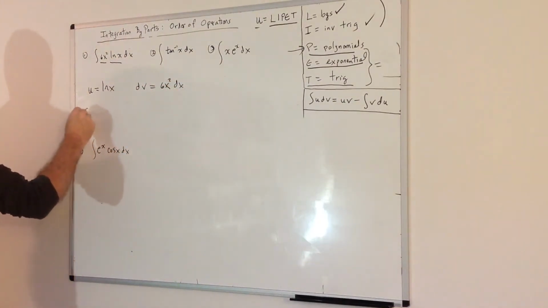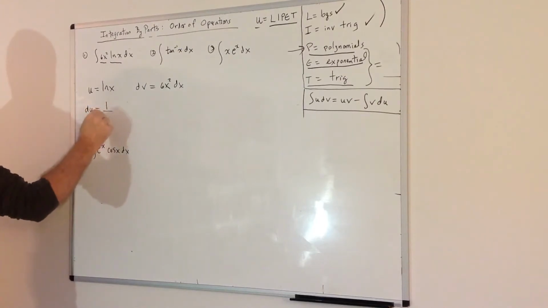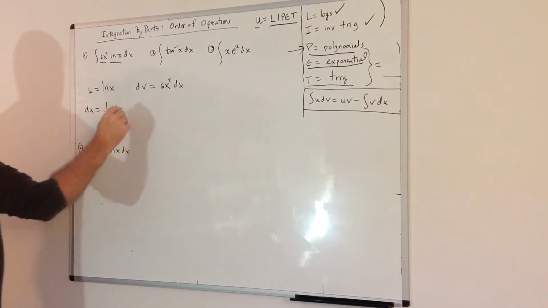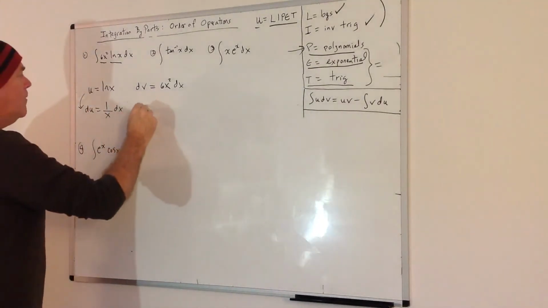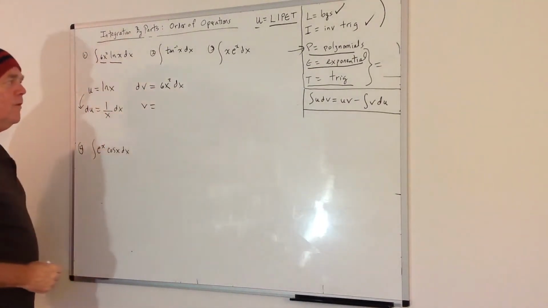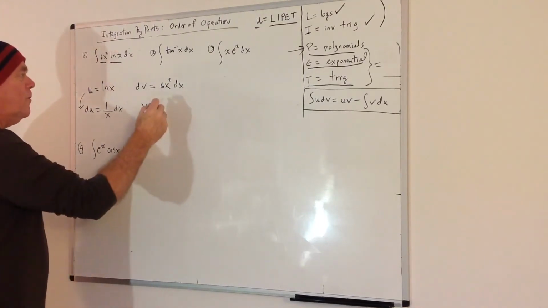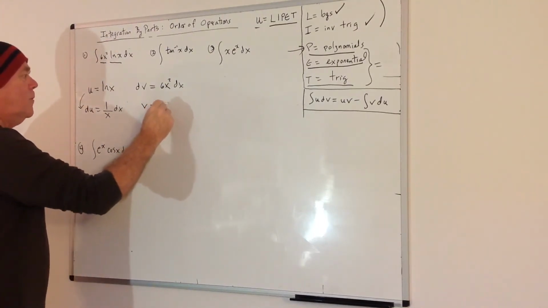Here, of course, we find du. du equals 1 over x dx. This side we're differentiating, on this side we're integrating. And the integral of this is 6x cubed over 3, which is 2x cubed.